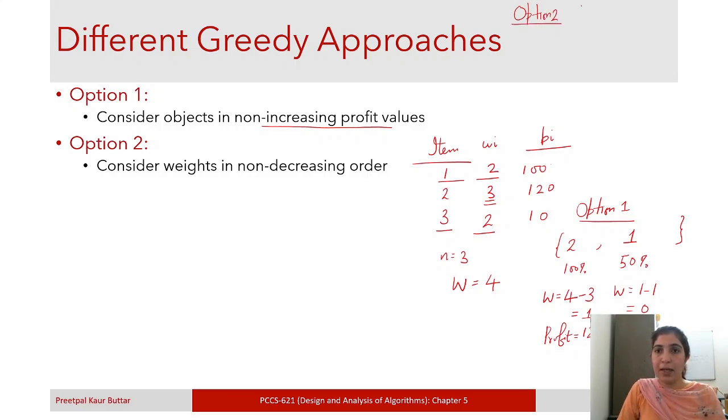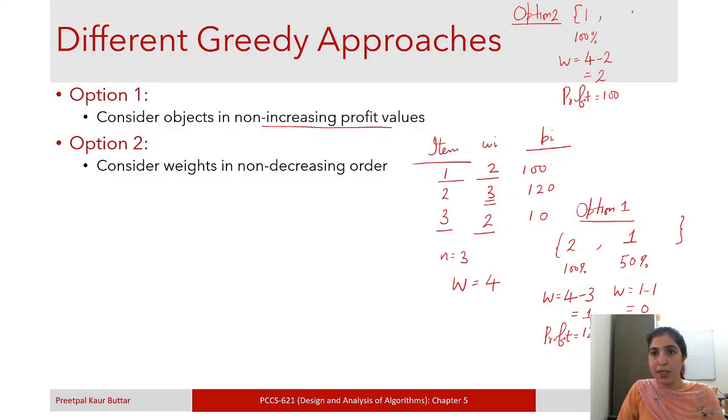So we are picking item 1 and we can pick 100% of it because its weight is 2, and we can still put another 2 kgs into the knapsack. The profit which we are getting with item 1 is 100. Now we are left with weight equal to 2, and we pick according to non-decreasing order of weights.